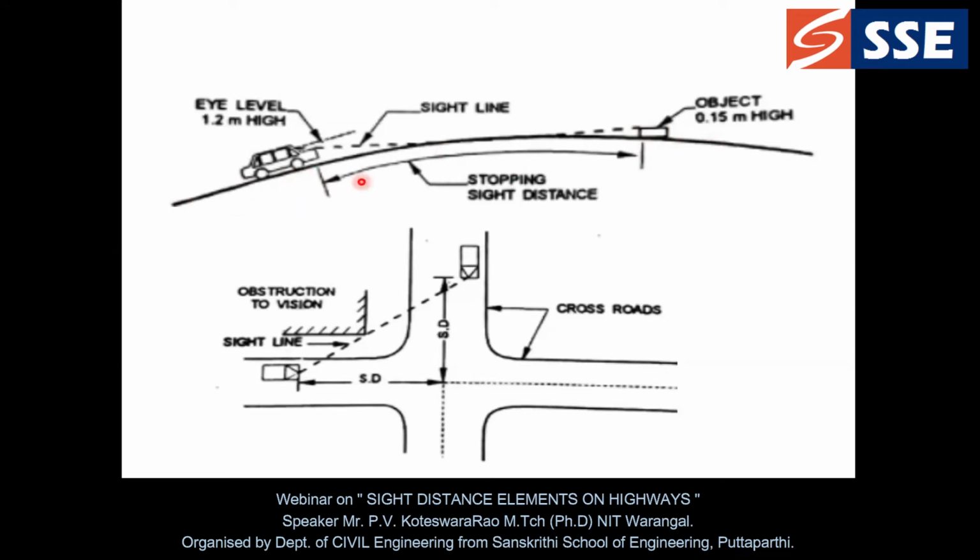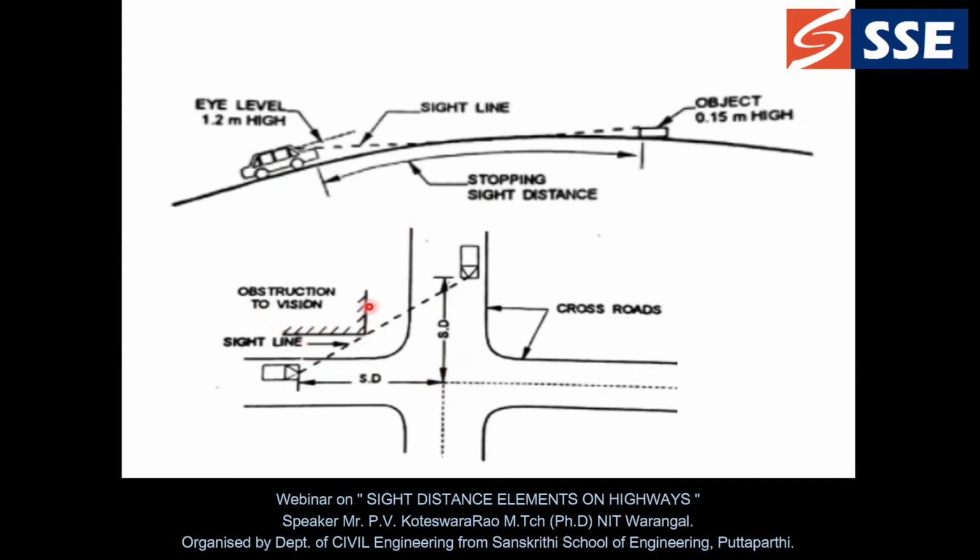But whenever we have an intersection like this, please observe this one. This is the intersection of a 4-lane road. On 4 directions, we have traffic coming and they are going to meet at one particular junction. So here the main problem is the constructions along these edges.